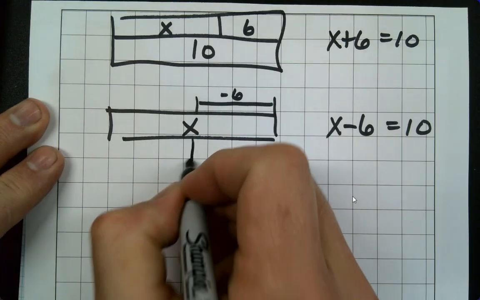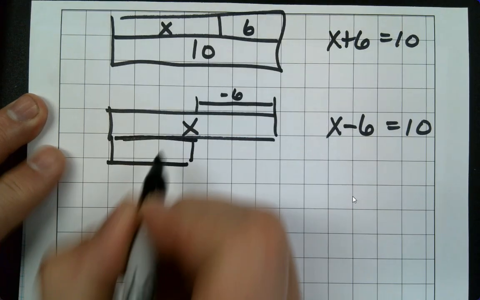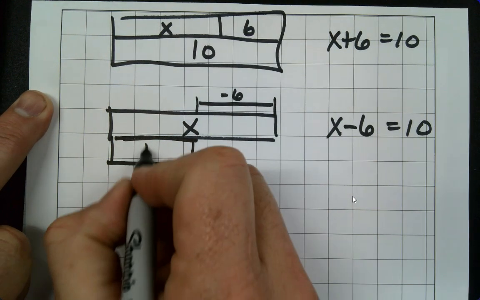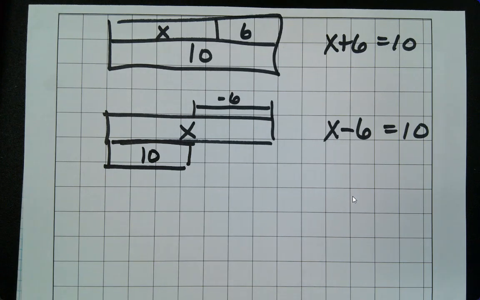So, this box down here is 10. Because when I started with my whole thing X, and I cut 6 of it off, I was left with 10.